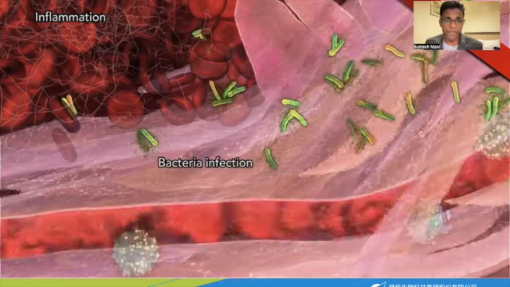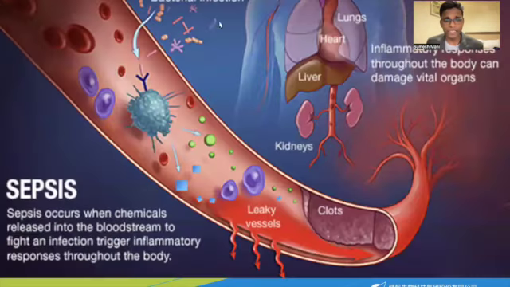Unfortunately, when the WBCs break the endothelial wall to find the pathogen all over the body, there will be leakiness of the blood vessels.